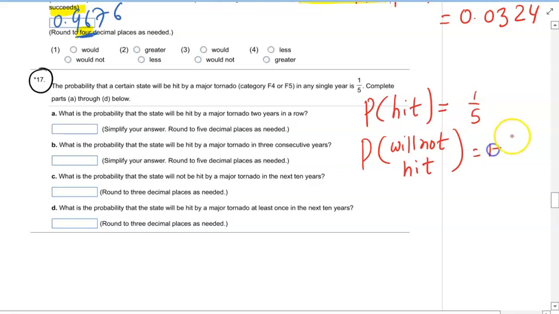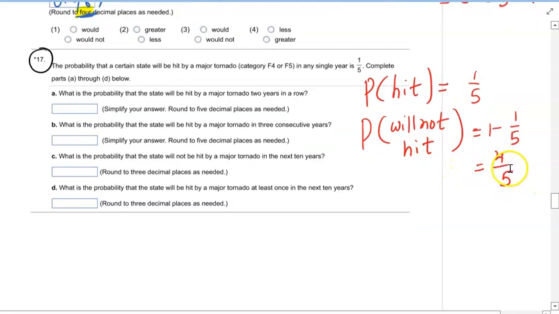It is 1 minus 1/5, which is 4/5. Okay, remember that's the complement. Therefore, the probability of a hit is 1/5, and the probability that the tornado does not hit in a single year is 4/5.